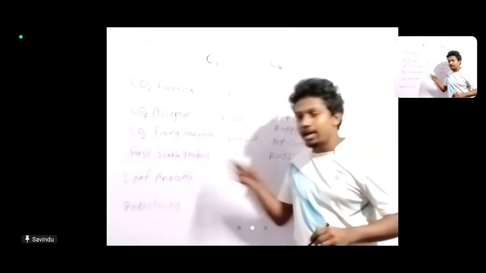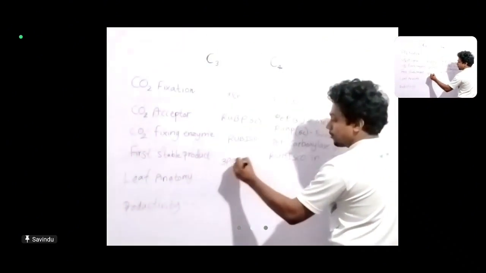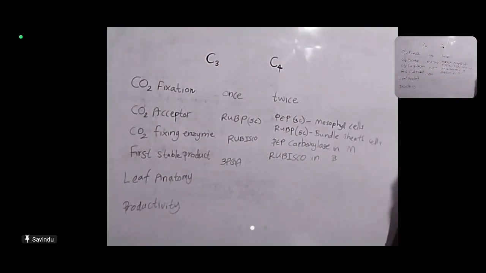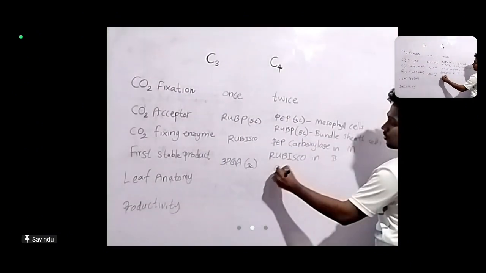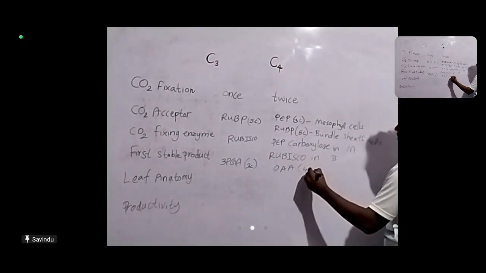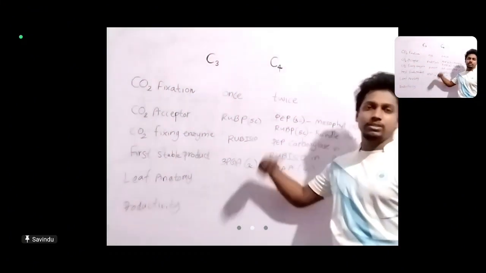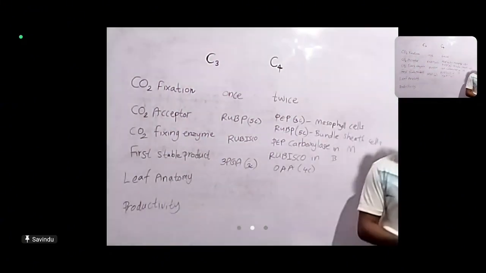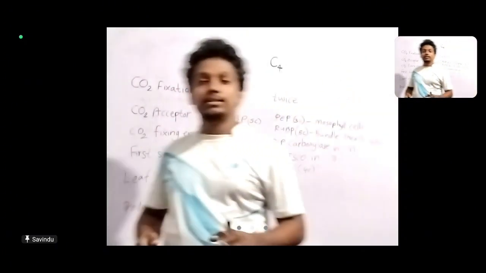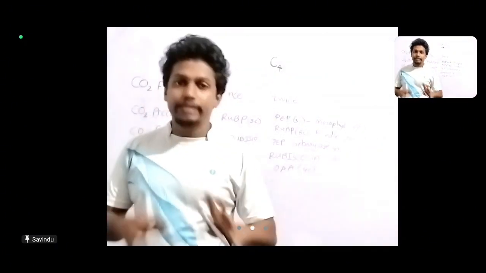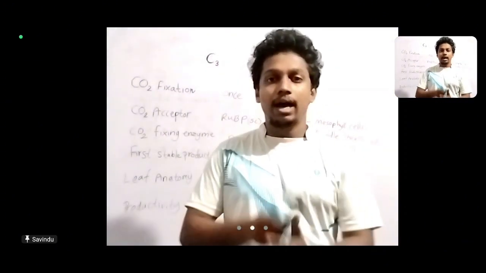The first stable product here is 3-PGA, not PGA, 3-PGA. It is 3C. Here it is oxaloacetate, which is 4 carbon. Leaf anatomy: here photosynthesis occurs in mesophyll cells in C3. If bundle sheath cells are present, they are non-photosynthetic.